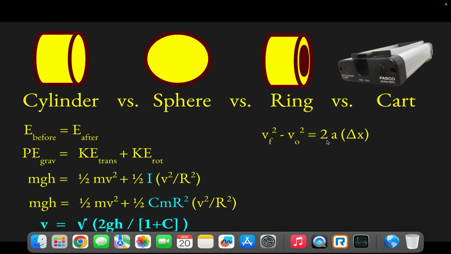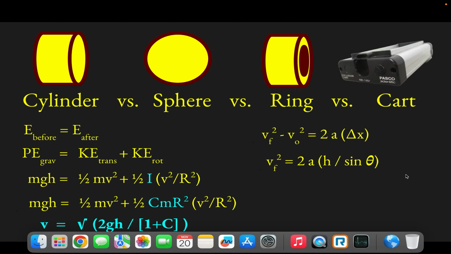We can use a kinematic equation here. The initial velocity we'll take to be zero, since we release them from rest, which we did. So this final velocity squared is going to look like 2a times the distance traveled along the ramp, which will be the height of the ramp divided by sine of the incline angle.